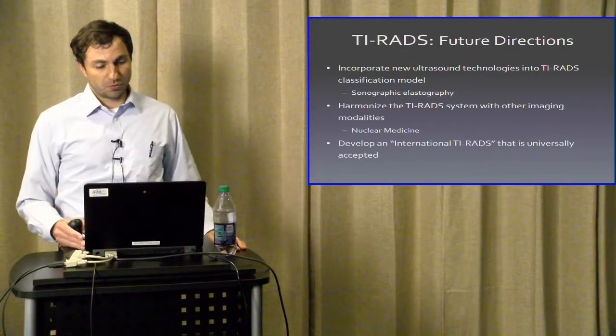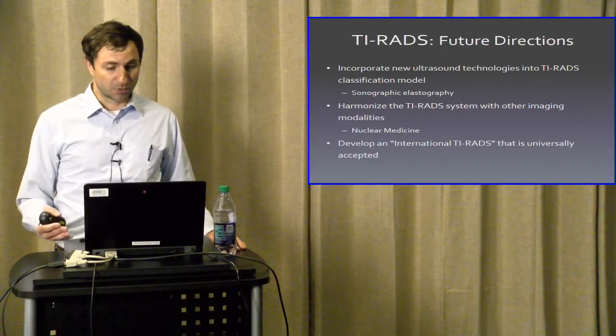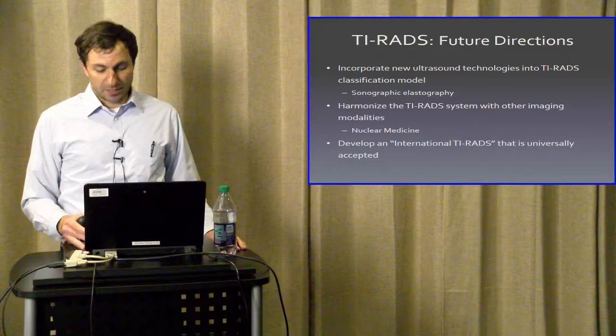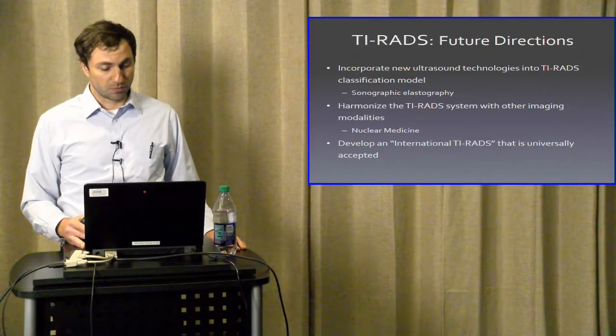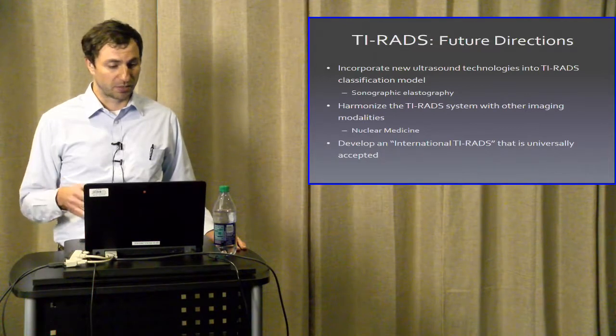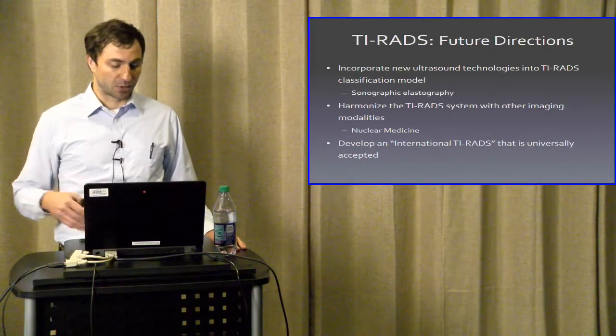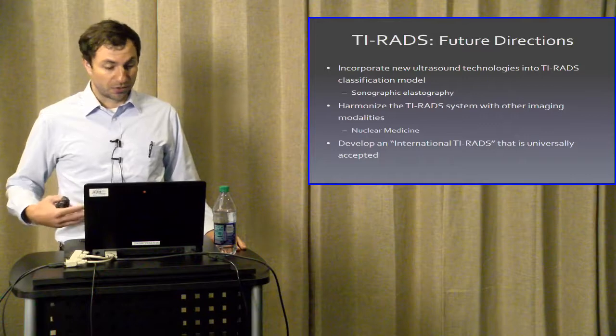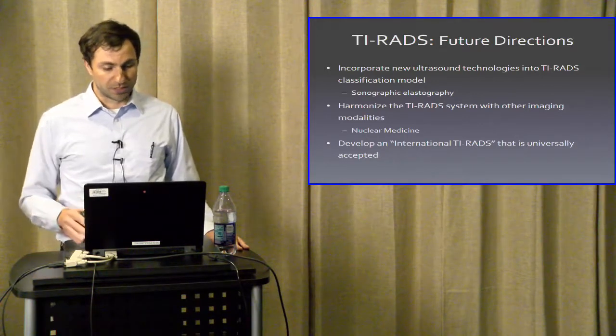So where does the TI-RADS system go from here? Well, there are some ultrasound characteristics that it doesn't take into account. Those include sonographic elastography, which we use now to evaluate, for instance, liver disease.